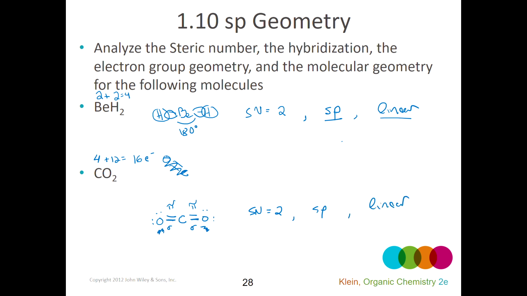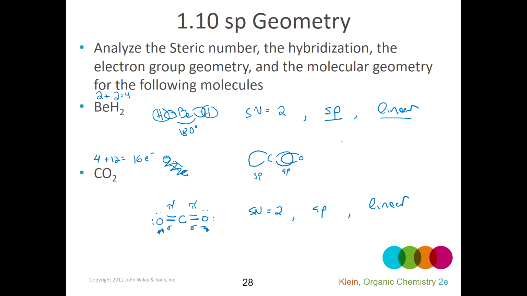Right? So if we were to look at this carbon's orbitals, what would it look like? It's hard to draw. I'll do my best. So the carbon is linear, so it's got an sp orbital here to overlap with this oxygen. I'm not going to worry about the hybridization of oxygen at the moment, but it'll have some kind of orbital overlap with the carbon. And it has another sp orbital on the other side.